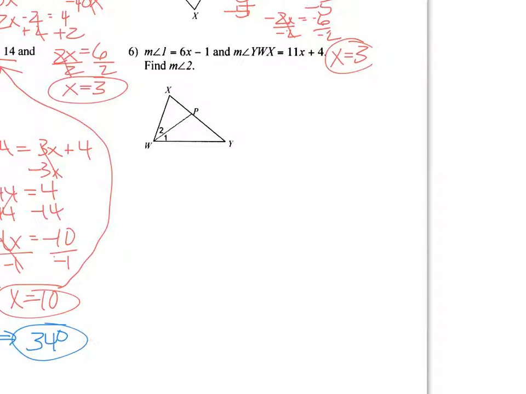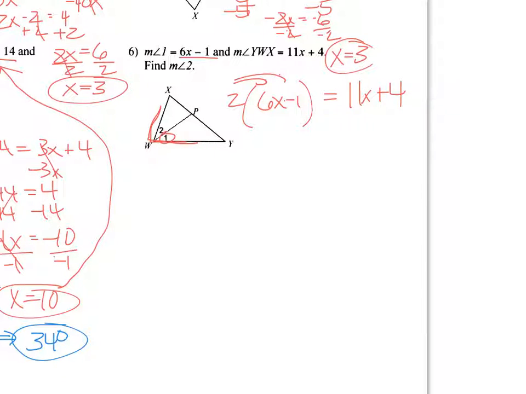It gives me angle 1 is 6x minus 1. Then it gives me YWX, which is the whole thing. So I'm not going to set these equal. Remember, we have to take the smaller one and multiply it by 2 in order to equal what the big one is, because it cuts it in half.